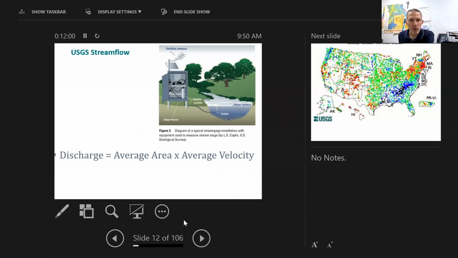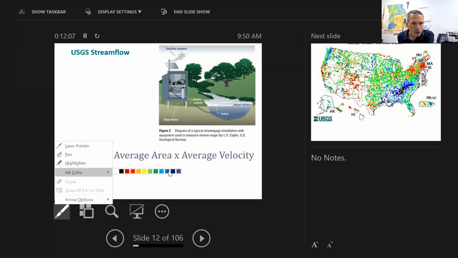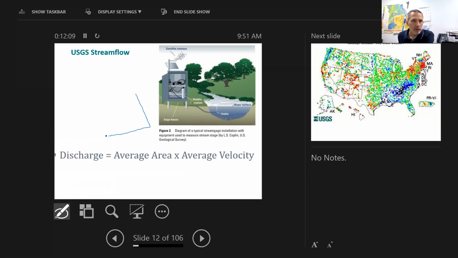Now, if we wanted to, we could actually draw in an example. We figured out the average area of this supposed-to-be rectangle. If this was 5 feet deep and 10 feet wide, the cross-sectional area would be 50, sorry for my bad writing here, 50 feet squared.